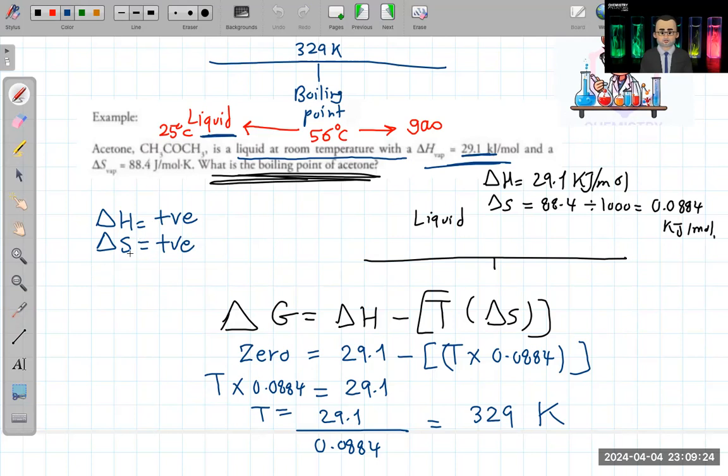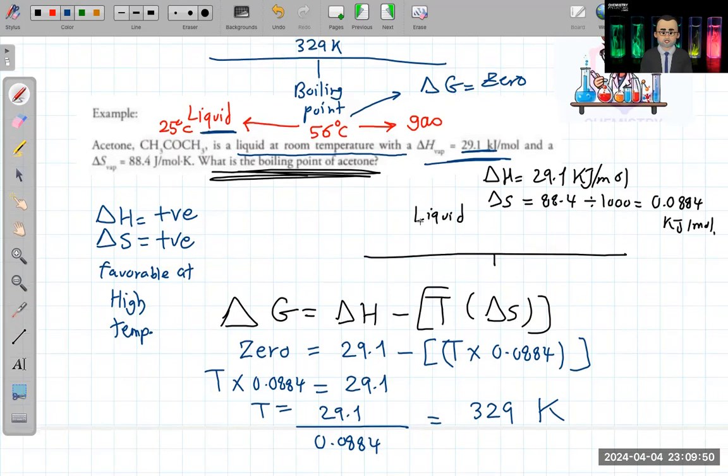At delta H positive and delta S positive, it's only favorable at high temperatures, higher than 56. This is the point at which delta G is equal to 0.